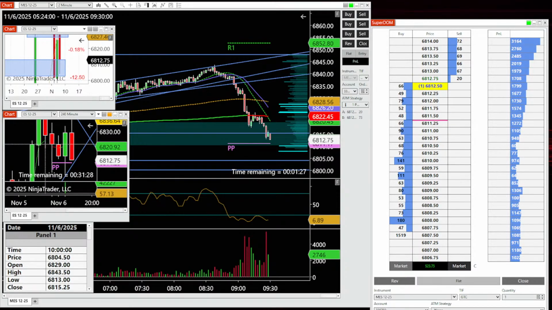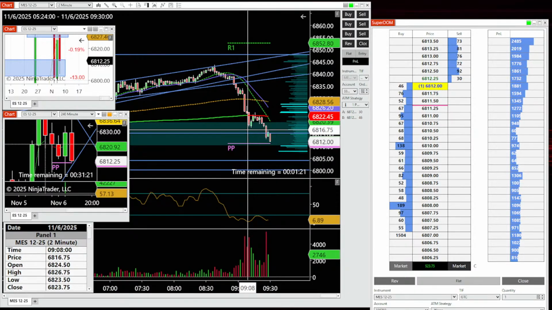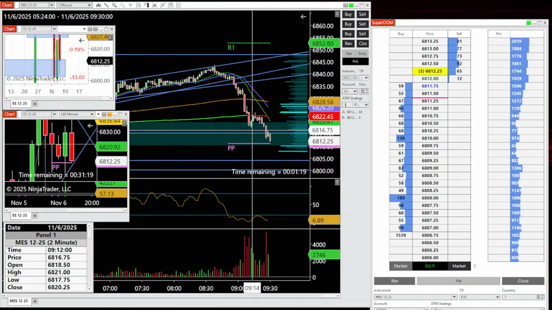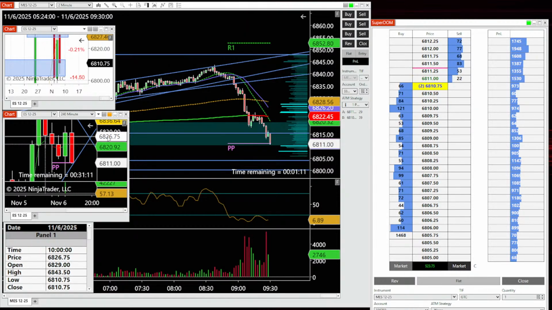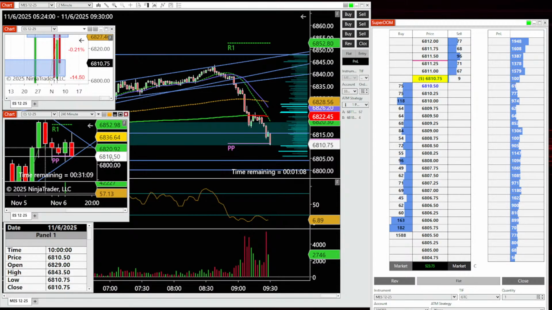Are we going to consolidate or keep breaking? And there we go. So if I had a second position, now I could move it to 16.75 and let it go lower. But we have the pivot on the 4 hour still.